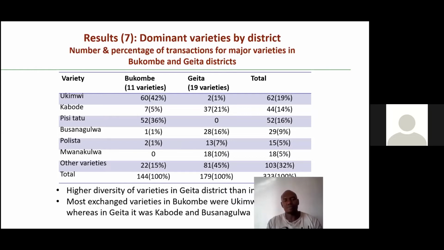And this actually shows that as an area becomes more commercial, the number of varieties tends to reduce. I think because farmers tend to focus more on market preferred varieties, because Bukombe district is more commercial compared to the two areas in Geita district where we did the survey.